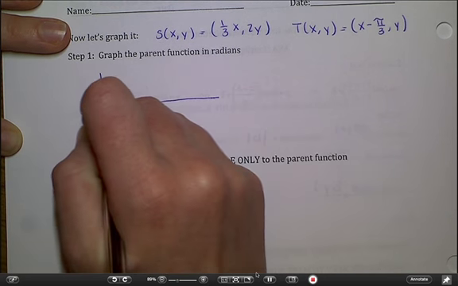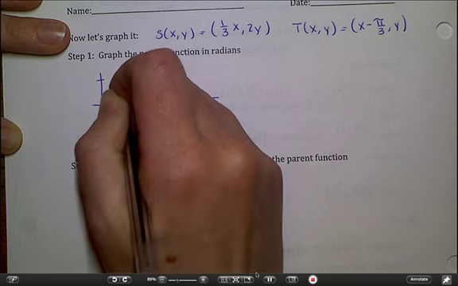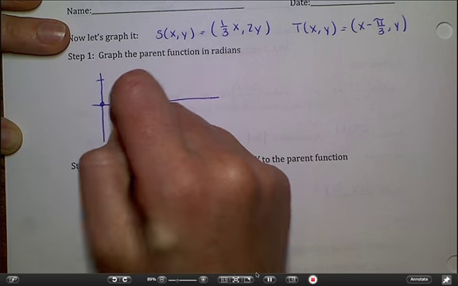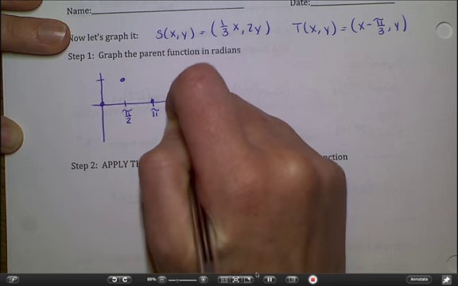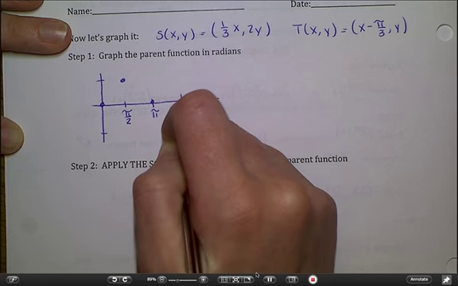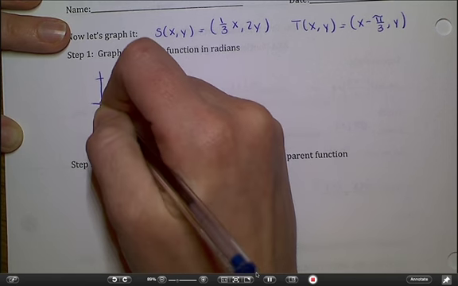And normal parent function for sine, point at 0, 0, pi over 2 comma 1, pi comma 0, 3 pi over 2, and 2 pi. And connect.